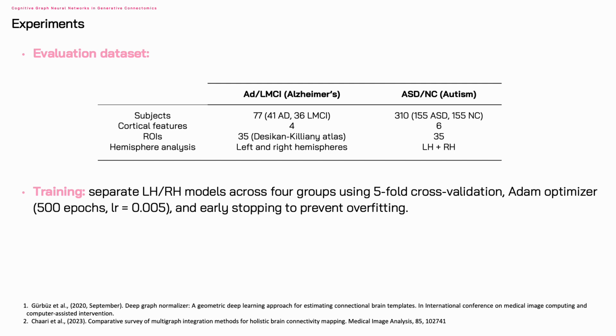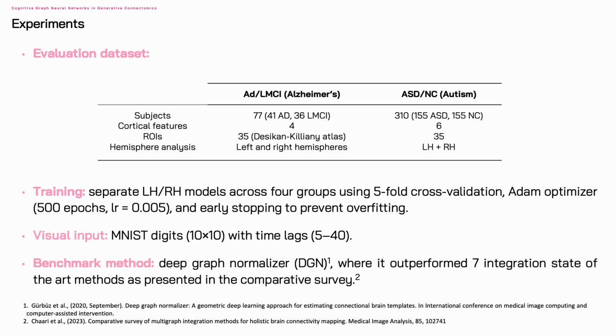For training, we built separate models per hemisphere across the 4 groups, and we used 5-fold cross-validation using the Adam optimizer for optimization and 500 epochs, and we used early stopping to prevent overfitting. For the visual input, we used the MNIST dataset of size 10 by 10, and the time lags range from 5 to 40. And as a benchmark method, we compared against the deep graph normalizer DGN, which is a strong state-of-the-art method for CBT generation.